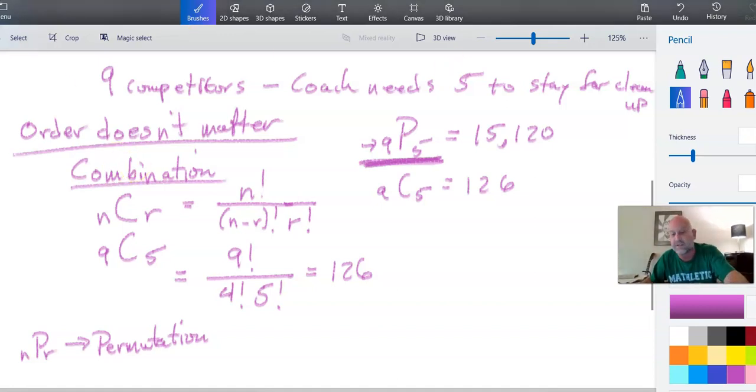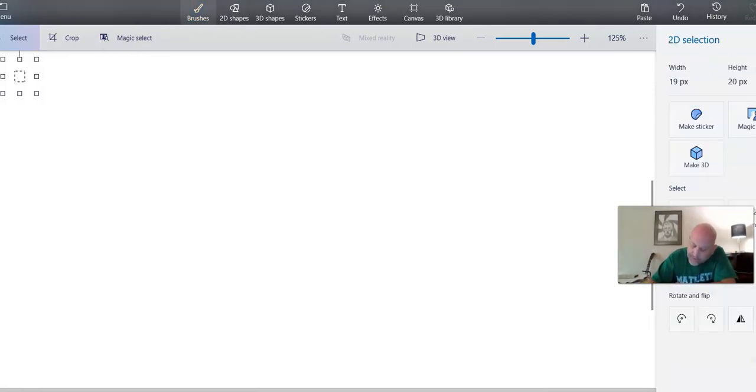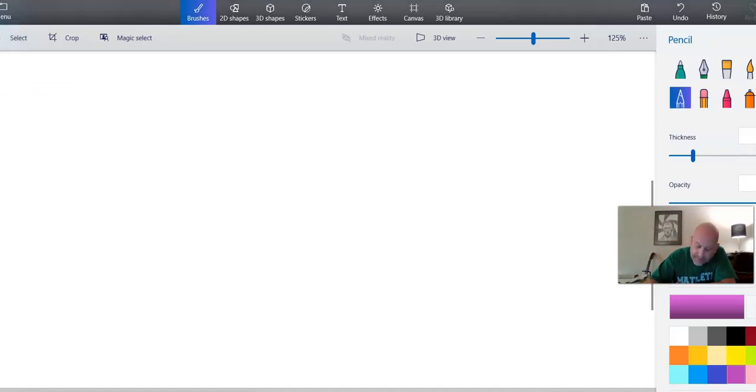So let's go ahead and clear this off. And I just kind of want to summarize here. If I have distinct choices with a specific number of possibilities at each choice, I'm going to use the multiplication principle.